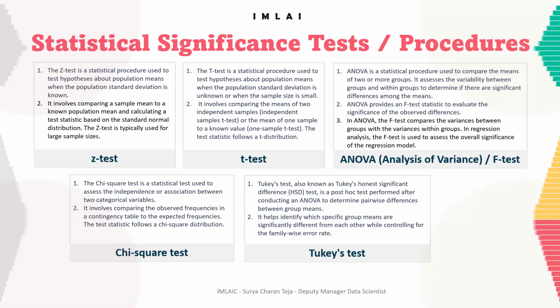That can only be told by a statistical significance test. So that's the reason we will be deep diving into the various statistical significance tests under feature engineering, because the main purpose of feature engineering is to select the features, or extract the features, or convert the variable into features. And fundamentally, selecting the feature comes under feature engineering.